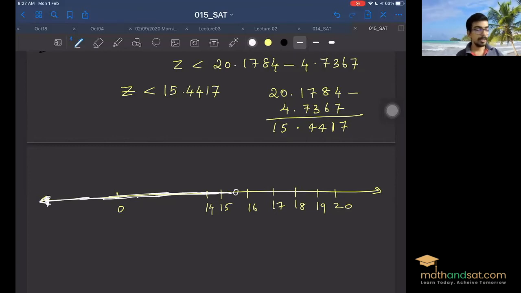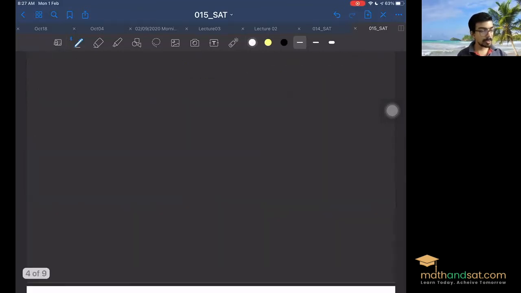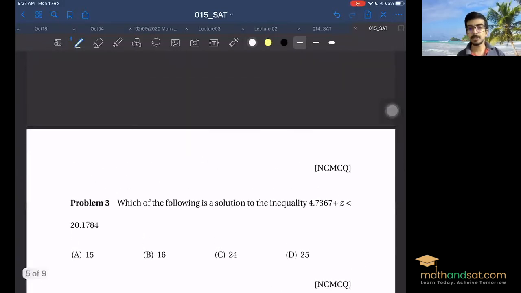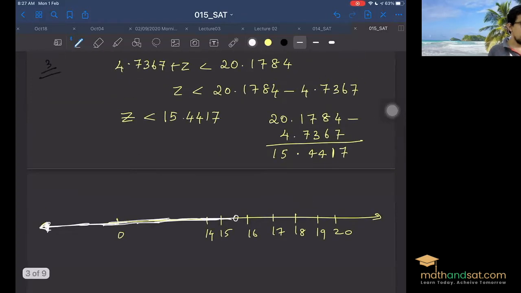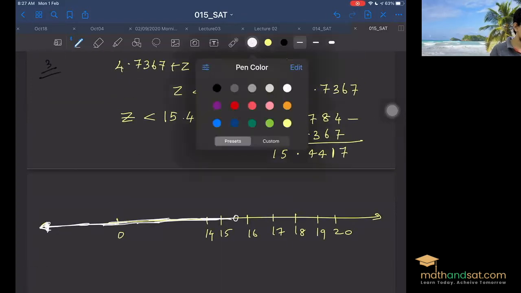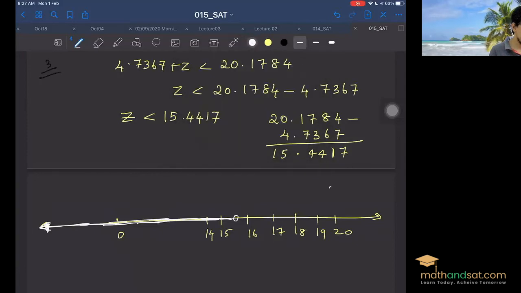Now the question does not talk about the entire solution set. You have to find the value that falls within the solution set. So there is 15 given, 16 given, 24 given, 25 given. Does 16 come in the solution set?